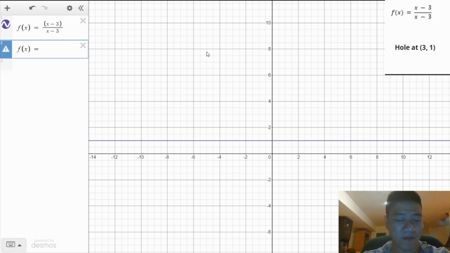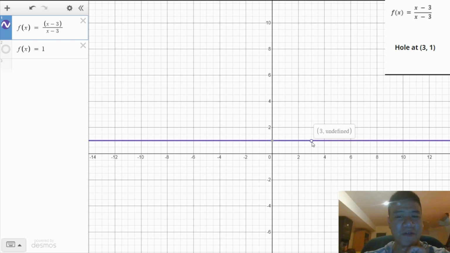If you compare the graphs of our original and our simplified function, they are exactly the same graph. And then we get to the point where there's a hole at (3, 1) up over here. If you look at our actual function on Desmos, at 3, you can see that it is undefined.